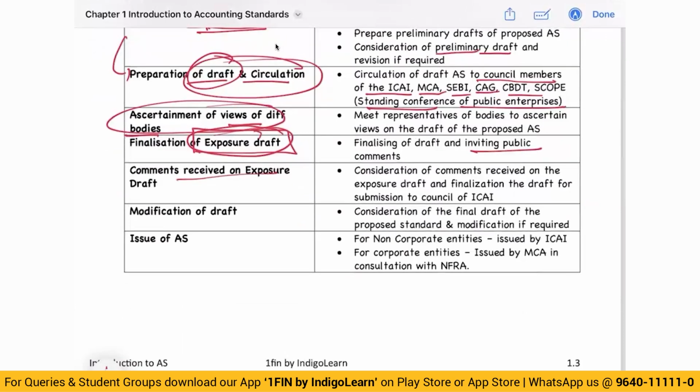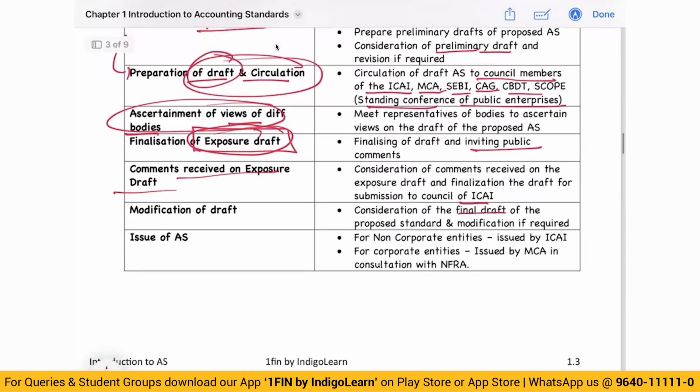Then you will receive comments on the exposure draft. Then again you will evaluate all of those things, and then you will submit it to the council. Then finally, once you take all the viewpoints, you'll modify the draft, and the final draft you will consider, and that will be finally concluded as the issuance of the accounting standard.